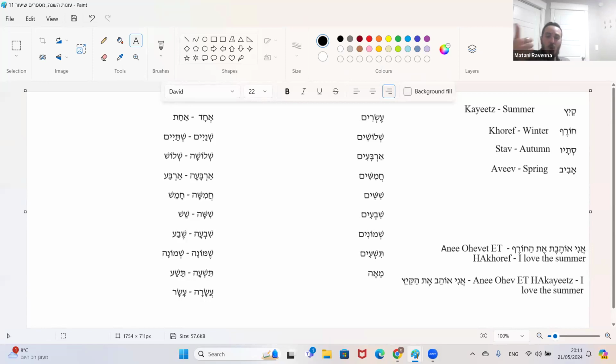So there will be 1 who is a male, 1 who is a female, 2 who is a female, 2 who is a male. Same goes for 3, 4, 5, 6, all the way up until 11. Why is that? Because the grammatical rule is that above 11, either male or female goes. Both will apply.